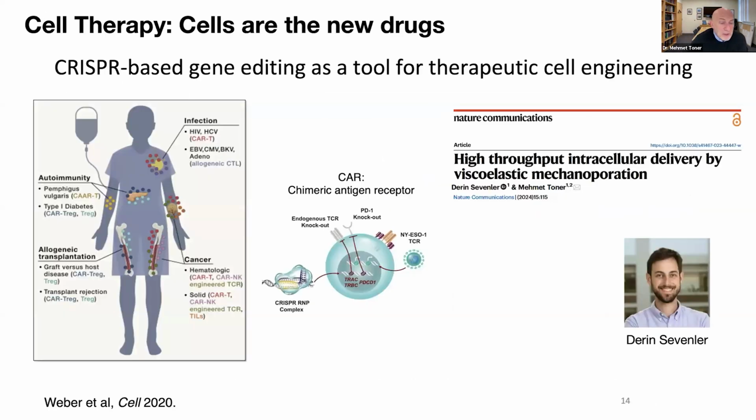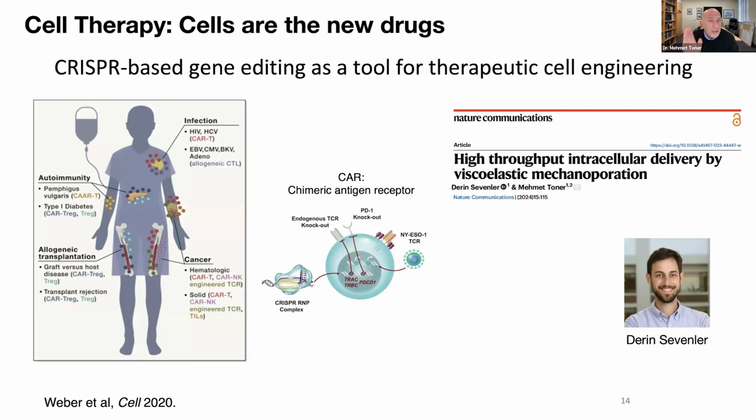Another area that I want to show is, again, another brilliant young scientist, a professor at Carnegie Mellon, Dennis Heaven, and it's putting things into cells, not only for CAR T cell therapy, the image I have here, but for many different things. People need high throughput and large molecules into the cells.